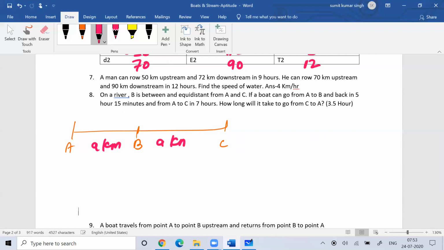Okay. If the boat can go from A to B and back in 5 hours 15 minutes, and from A to C in 7 hours.